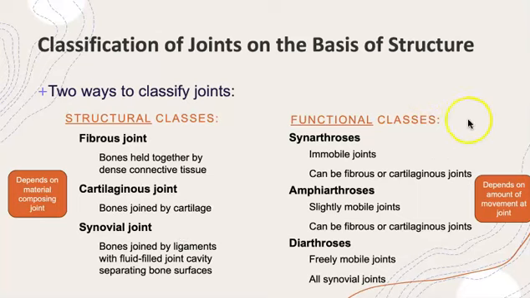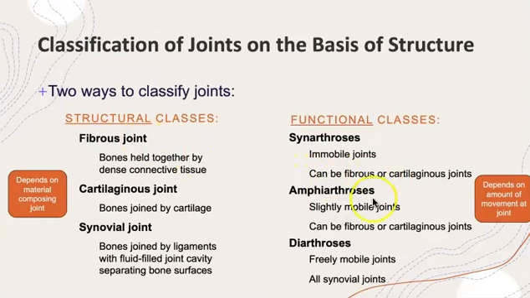When we look at a functional classification, we're looking at the movement that is taking place at the joint. We classify them as synarthrosis, which is where our immobile joints are. We really don't have a lot of movement taking place here, and it could be either a fibrous or cartilaginous joint as far as the structural classifications.